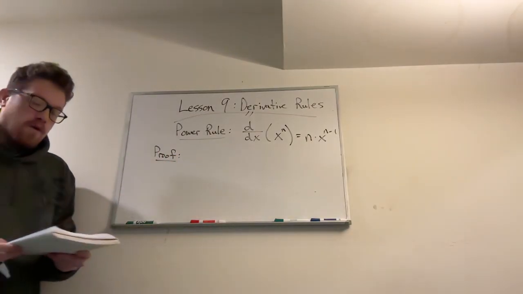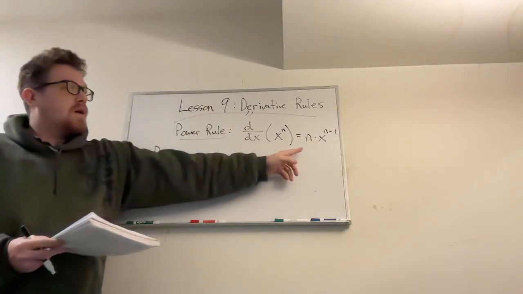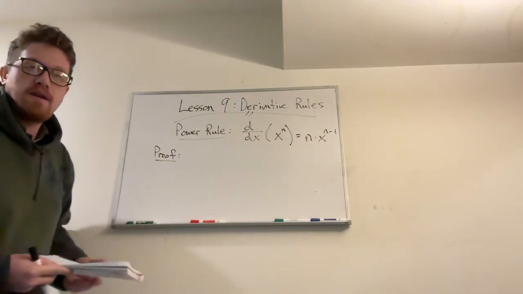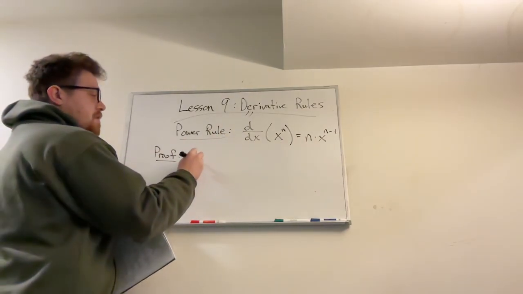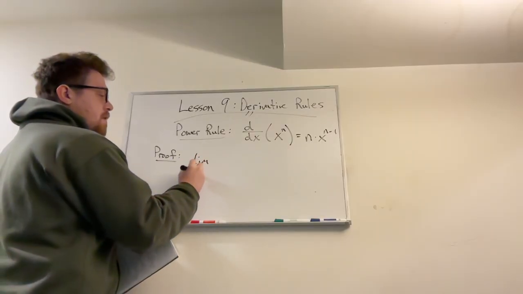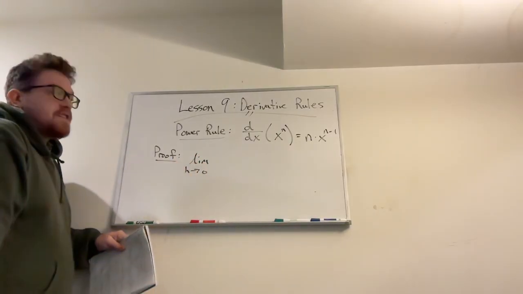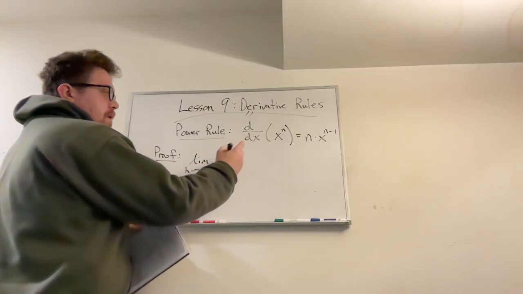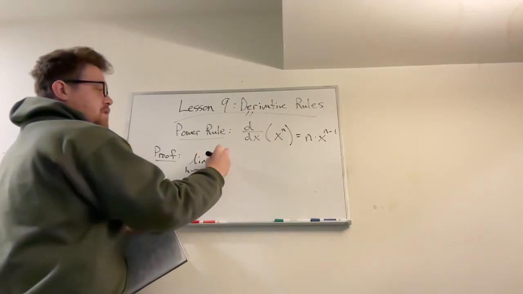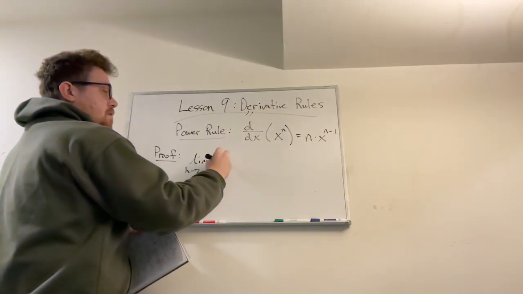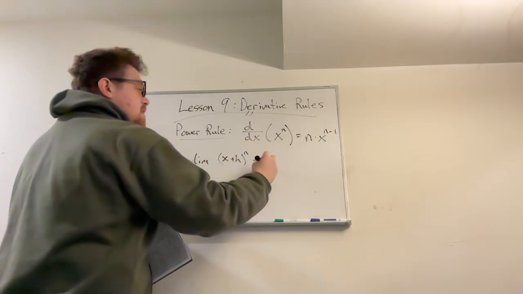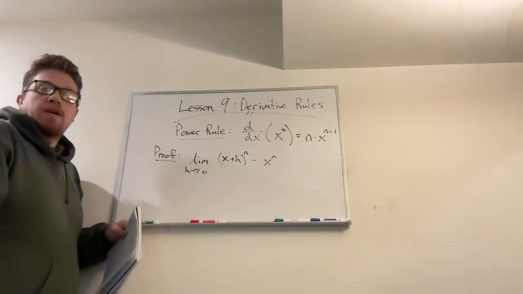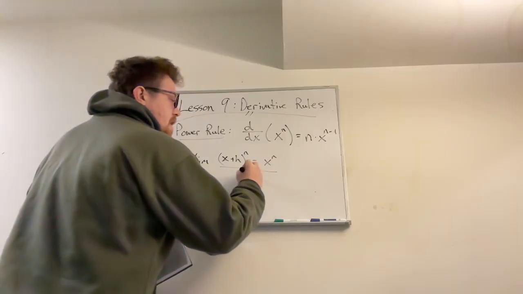And the proof goes, basically you just want to expand x to the n in the definition of derivative, which involves a limit. So it's a limit as h goes to 0. And now we're going to plug x plus h into the function. So it'll be x plus h to the n power minus x to the nth, which is just plugging in x, and then divided by h.